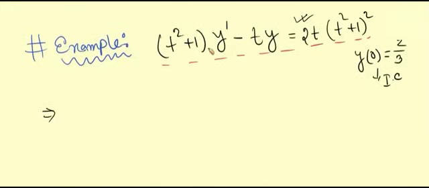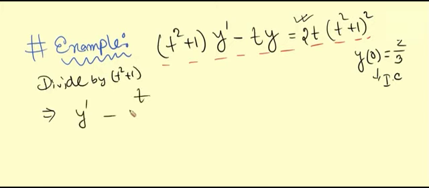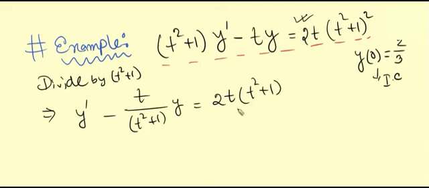So to do that, just divide by t square plus 1. If you do that, this will be y prime minus t divided by t square plus 1 times y is equals to 2t, and this is t square plus 1 whole square, so that will be just reduced to t square plus 1, right?